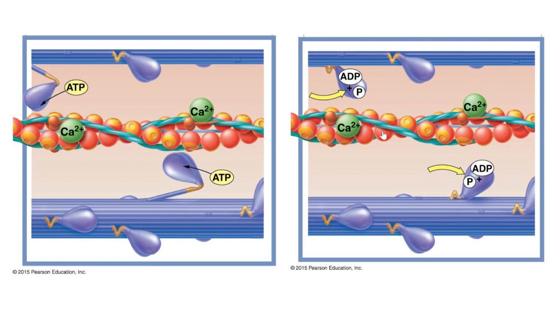And here in this image, we see that the myosin has once again broken down that ATP via hydrolysis to ADP and a phosphate. So it is now energized and ready for that movement again, so that contraction can continue.